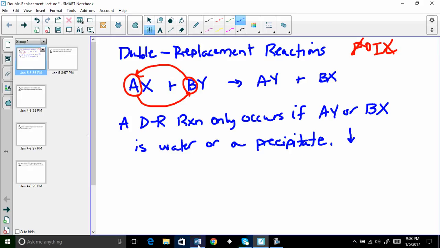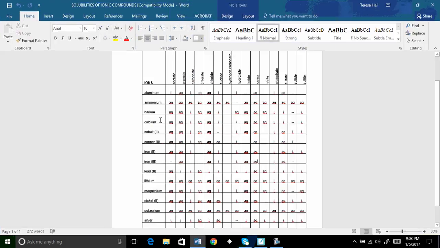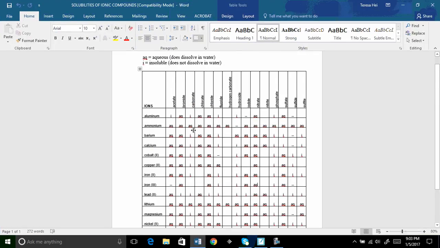Now, this is the sheet. It's on the back of your single replacement sheet. This is the sheet that allows you to check for precipitate, because you won't know if something is a precipitate. AQ means it does dissolve in water. Like when table salt or sugar dissolves in water, it dissolves completely and doesn't look cloudy.